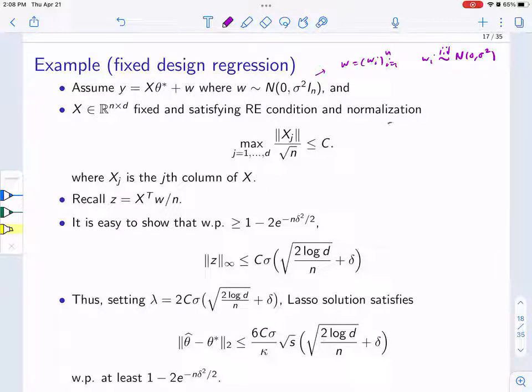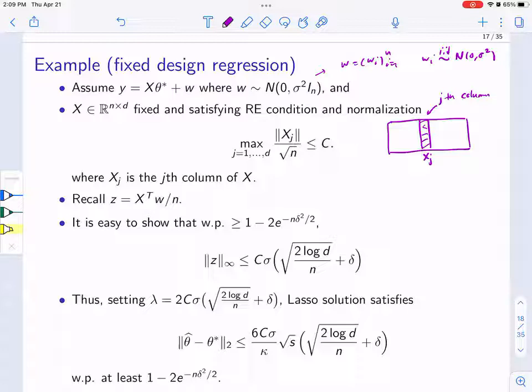What this is saying is that if I look at the design matrix, x_j is the jth column. We assume that you normalize each column so that the L2 norm divided by root n is at most some constant. So this is fairly benign.